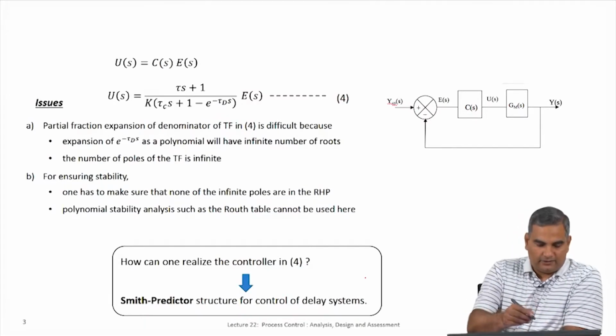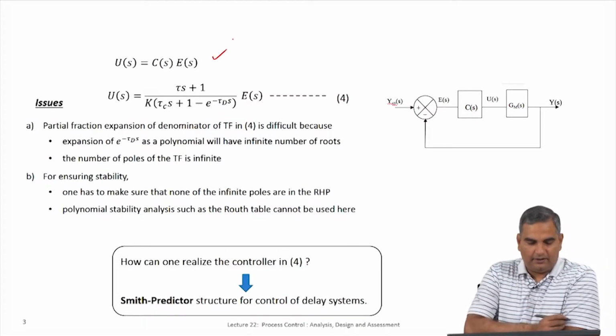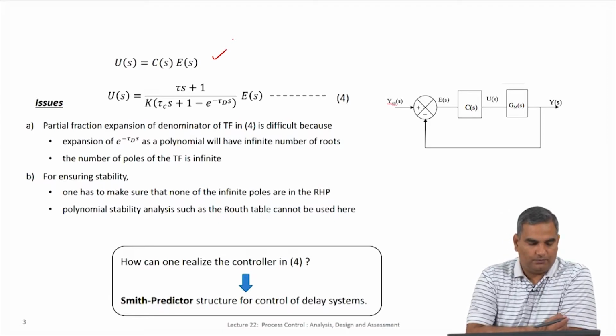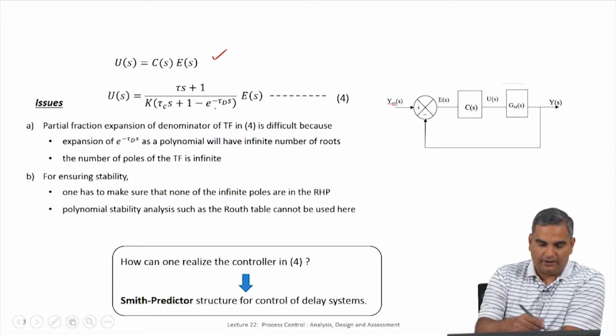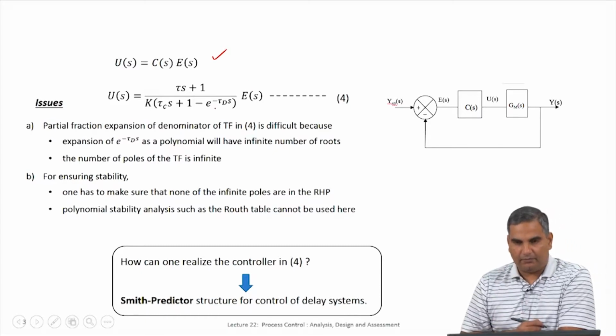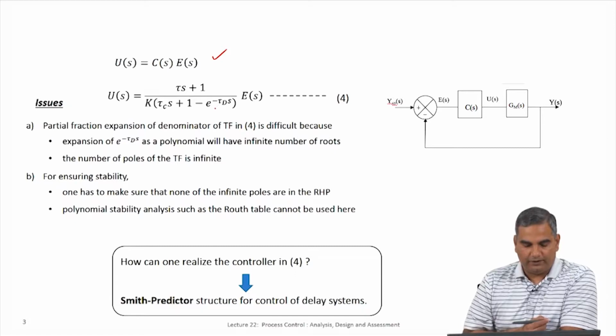So, again I have just written the same thing here. I have an input which should be a function of the controller times the error, and that basically gives me this equation. Typically what I have been doing is I have said this is a numerator by denominator polynomial. Usually we can do Laplace transform and the convolution to identify what u should be.